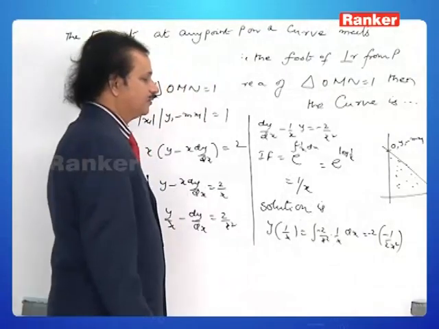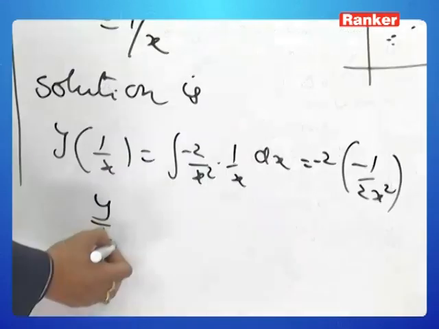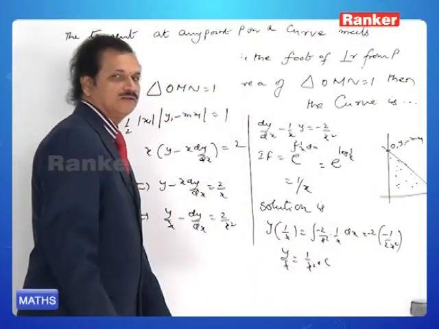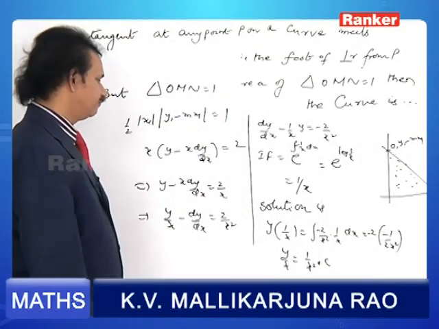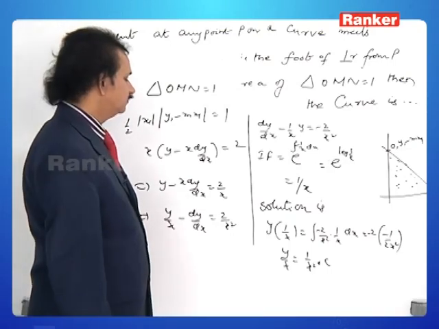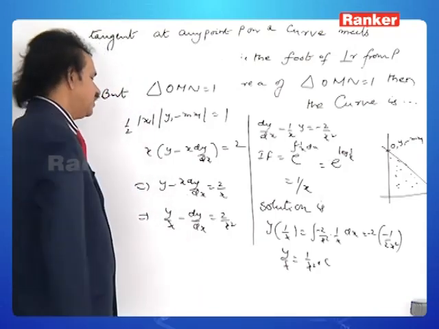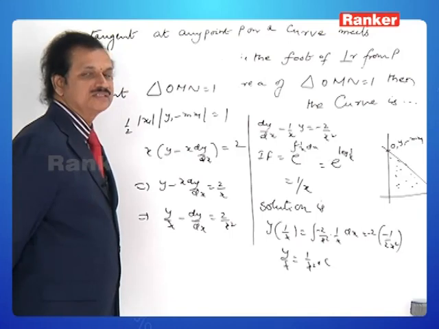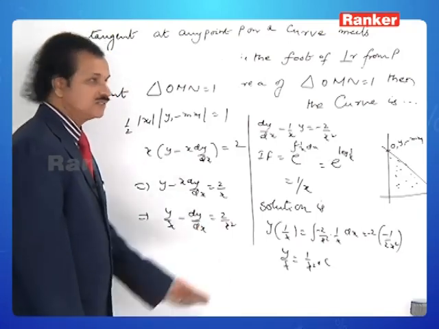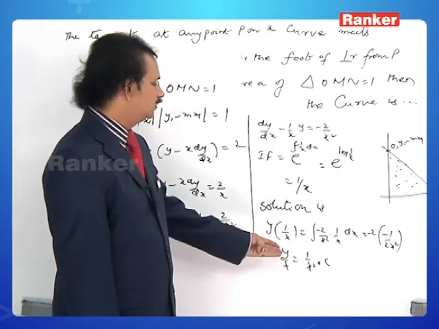So that 2 and 2 will be cancelled. y by x is equal to 1 by x square plus c. So if you multiply with x square, you have xy is equal to x plus c x square. That is the curve. And he has not given any information about c, so we cannot find c. You stop there itself.